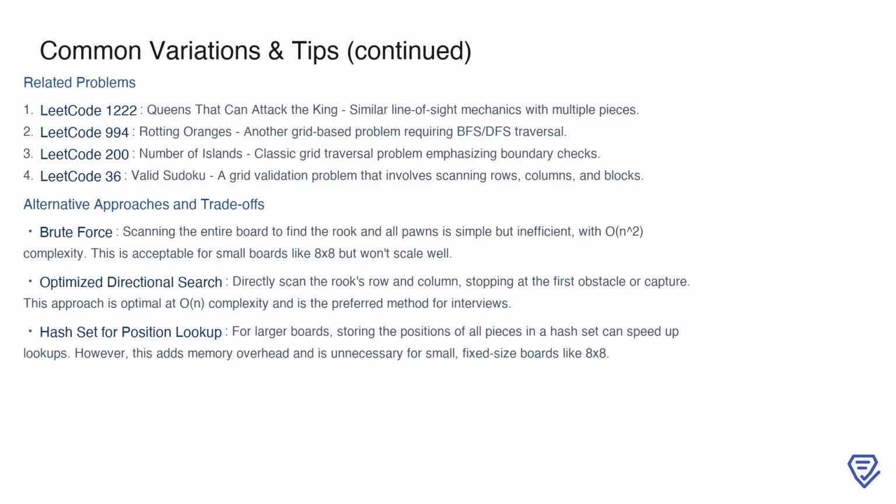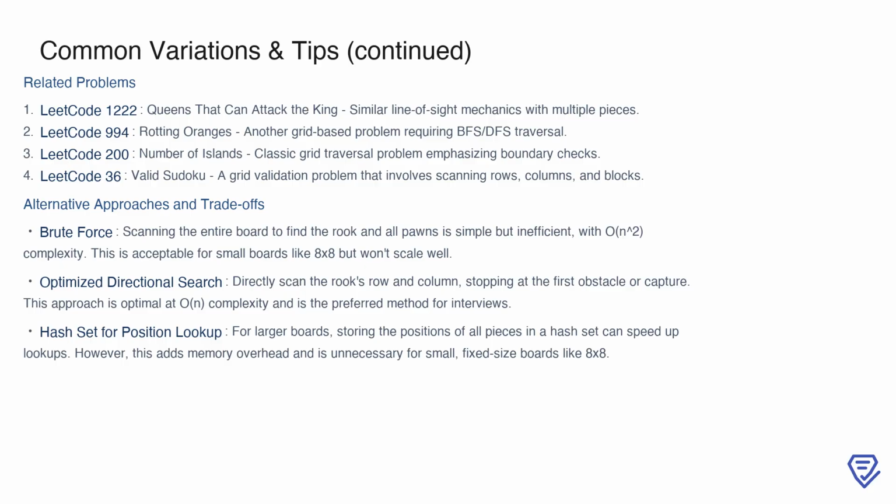Another example is LeetCode 994, Rotting Oranges, which uses BFS or DFS traversal in a grid to simulate spreading rot. Additionally, LeetCode 200, Number of Islands, emphasizes boundary checks during grid traversal, and LeetCode 36, Valid Sudoku, focuses on scanning rows, columns, and blocks for validation.